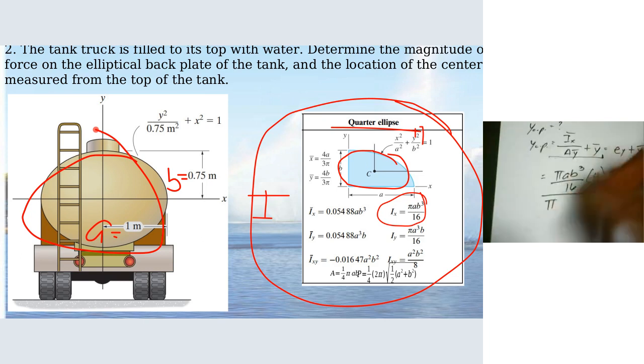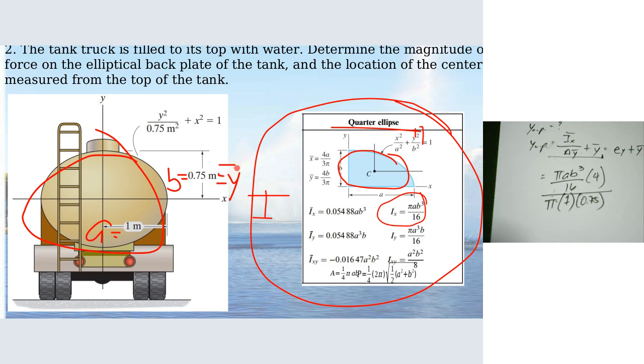So, this will be pi times A, which is 1, times B, which is 0.75. Okay? So, ito yung area natin, and then times y bar. So ano ba yung y bar?